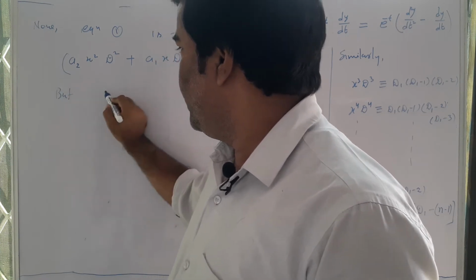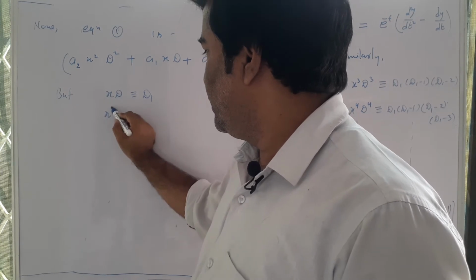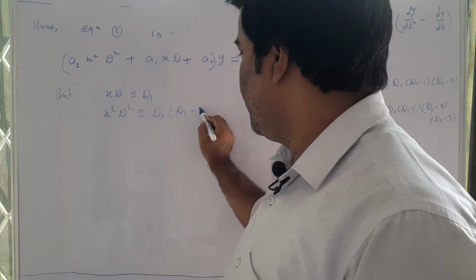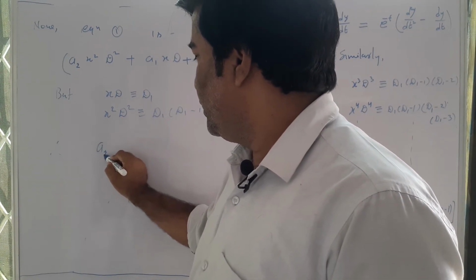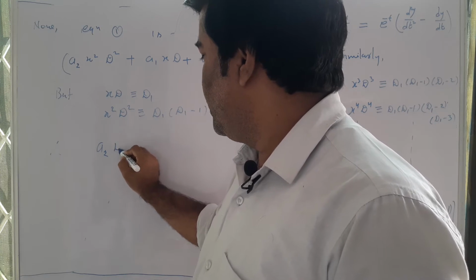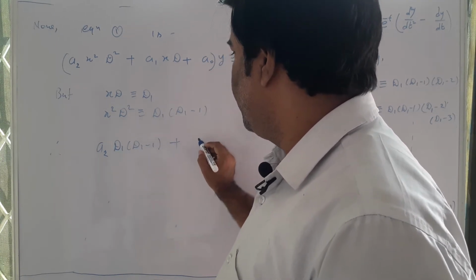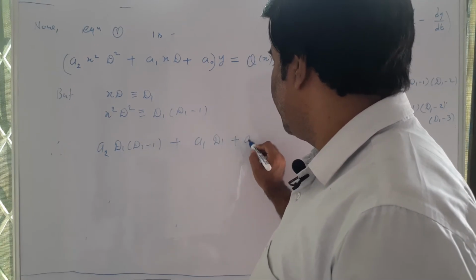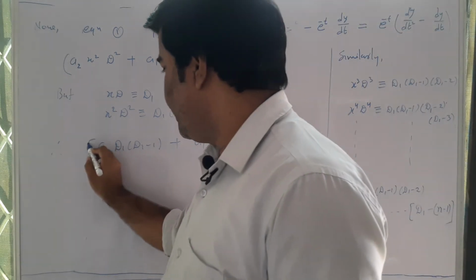What we have: xD is D1, x square D square is D1 into D1 minus 1. Therefore here we have a2 D1 into D1 minus 1 plus a1 D1 plus a naught y is equal to Q.